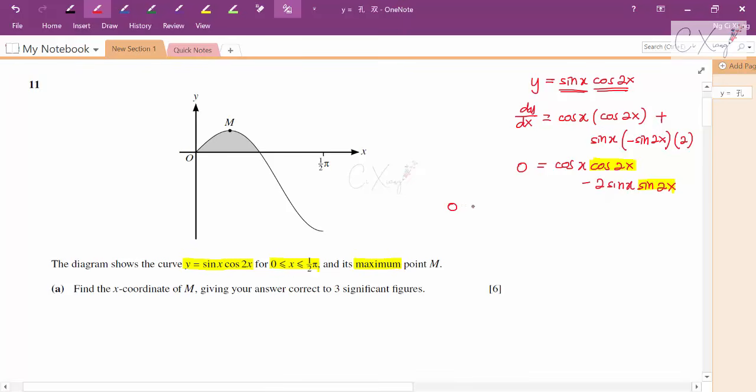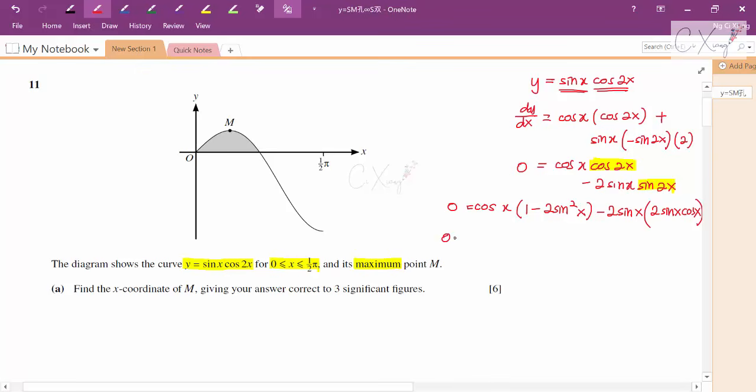So for cos 2x, what I will substitute is 1 minus 2 sine squared x. You can get this formula from the double angle formula provided in the formula booklet. And then for sine 2x, I will expand it also using the double angle formula, which is 2 sine x cos x.